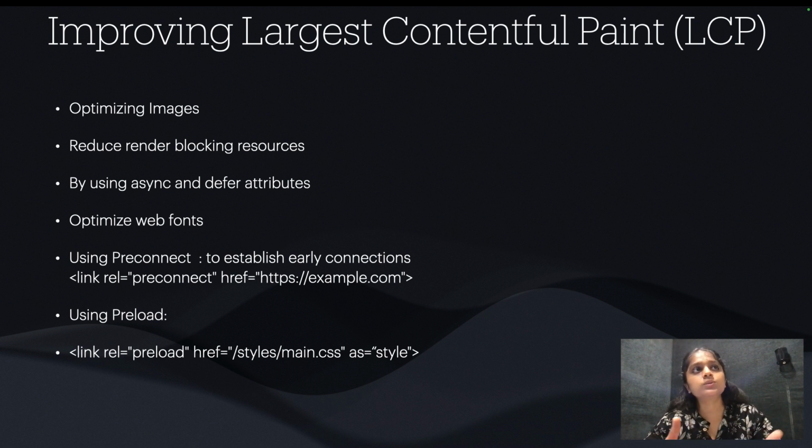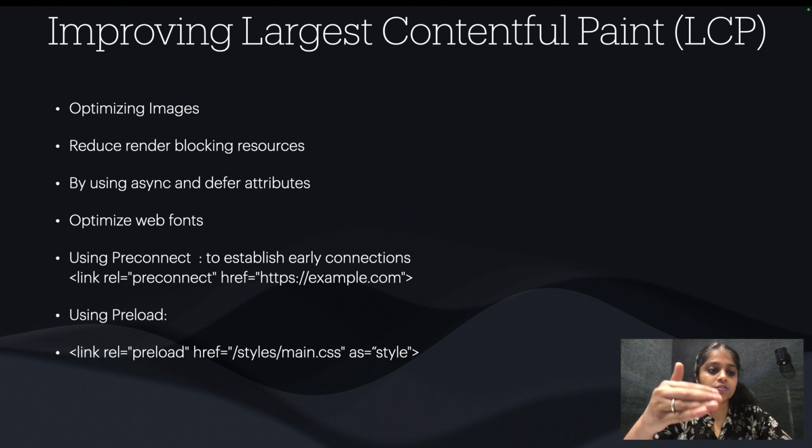So we can reduce that by using the async and defer attributes. What I mean by this is, in the scripts which we are loading, for example Google Analytics, which we use to track if a user comes on our website, how many times they have clicked on the website.